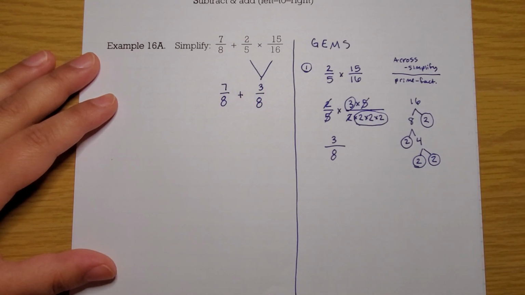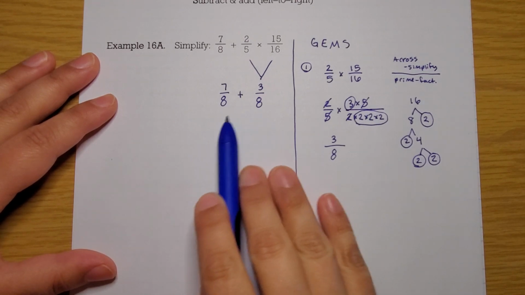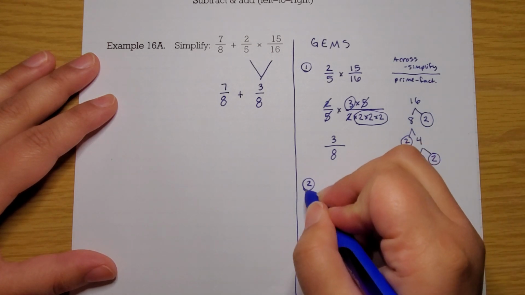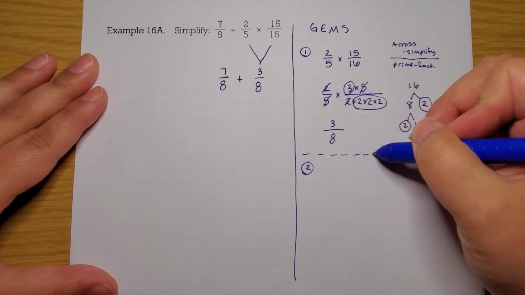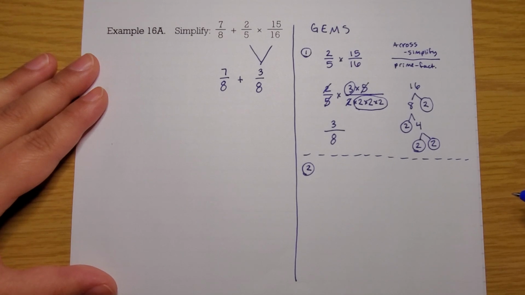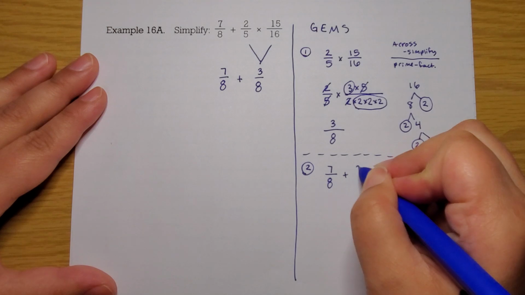We're going to clear out the mind and focus on what we have here. So now we have an addition problem. So for step 2, we're going to add. In fact, I'm going to draw a little division here so that I don't get distracted by that work up there. And we have 7/8 plus 3/8.